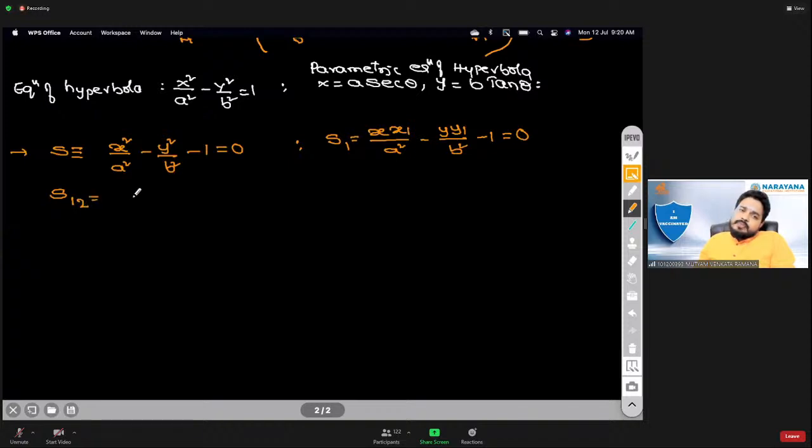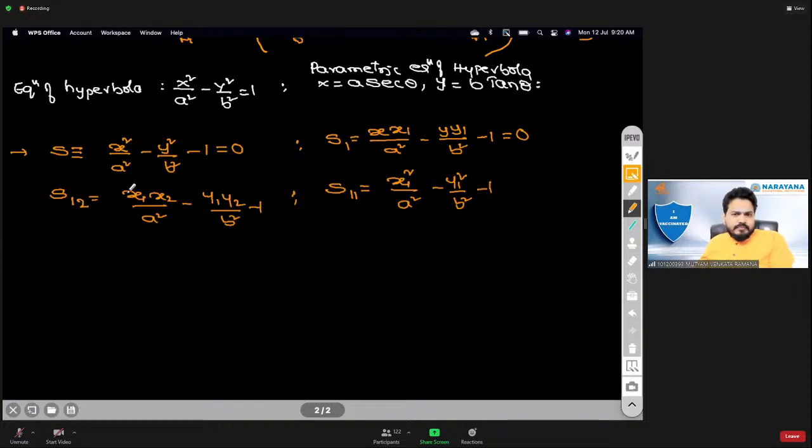S12 is x1 x2 by a square minus y1 y2 by b square minus 1. Don't write is equal to 0 because it's a constant; we are not sure whether it is 0 or not. Next one, S11 is x1 square by a square minus y1 square by b square minus 1. Here also it's a constant term.